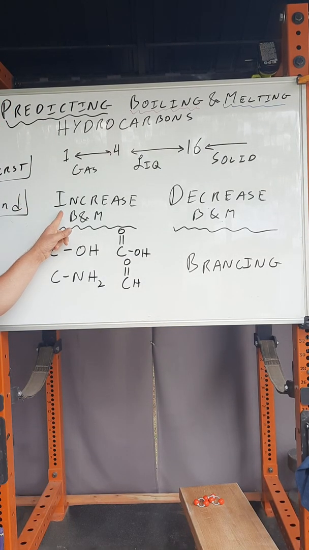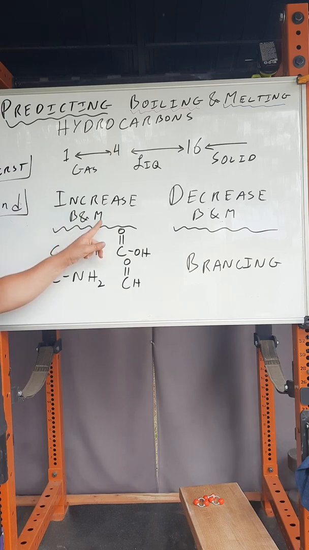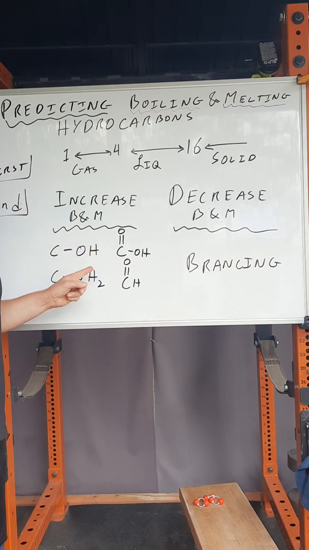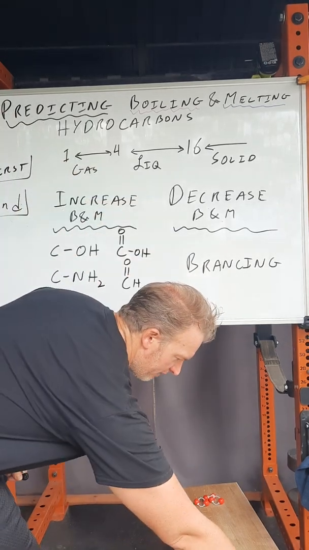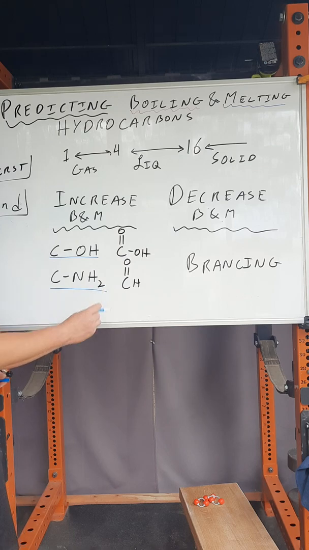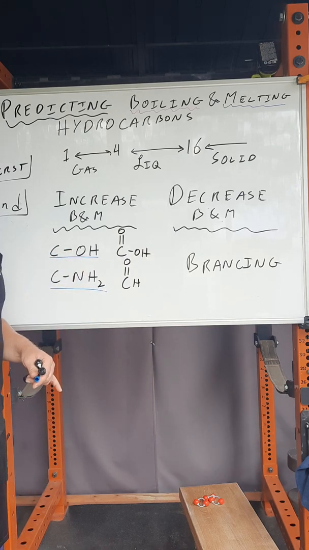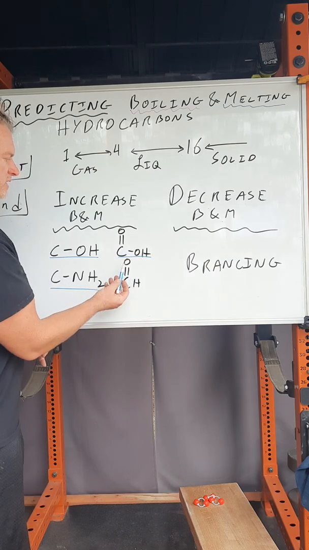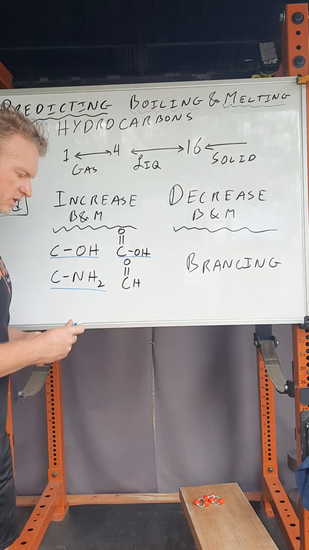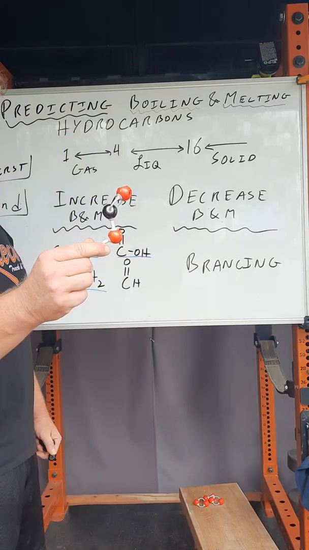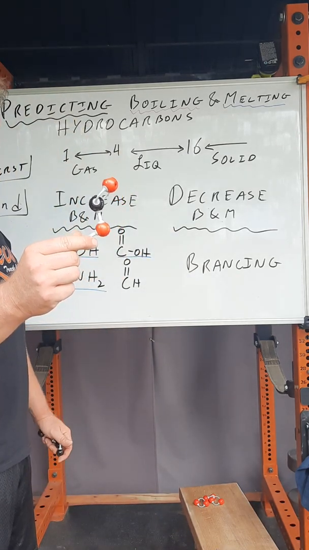Things that will increase the boiling point and melting point are the number of functional groups that are on that molecule. And here I try to have 4 examples of functional groups drawn here. Note that these contain oxygen, nitrogen in different bonding ways. Here is a double bonded oxygen, single bonded oxygen. This is formic acid. It contains 1 carbon.